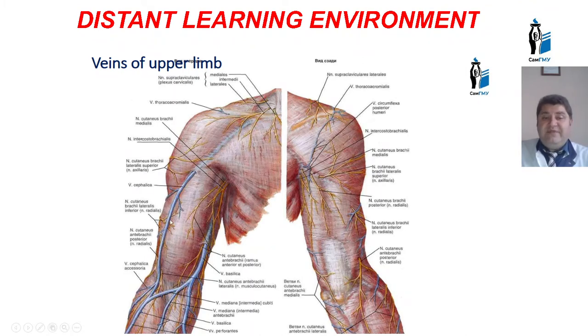As I told you, cephalic vein is lateral, basilic is medial, and we can see that the lateral cephalic vein passes inside the lateral bicipital groove under the skin, and next it perforates the fascia inside the deltoid pectoral sulcus or groove, and next it passes under this fascia, and at last it passes into the axillary vein.